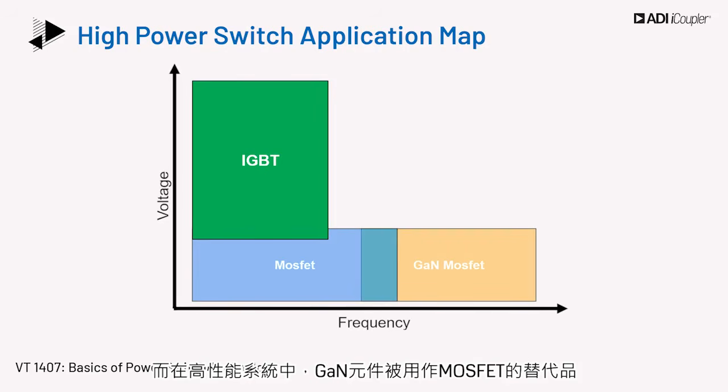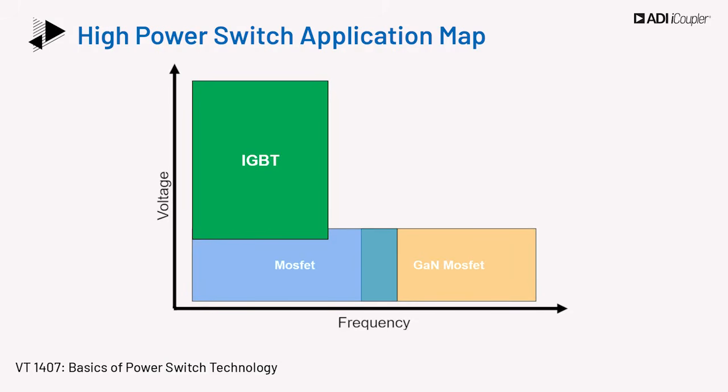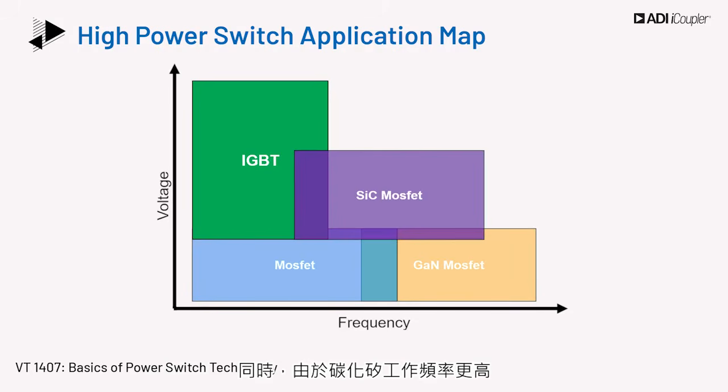And GaN devices are used as a replacement for the MOSFET in high performance systems. Meanwhile, silicon carbide is substituted for the IGBT in higher voltage application spaces due to the silicon carbide's advantage of higher frequency operation. Having looked at the various types of switches, we now look at how to switch them.